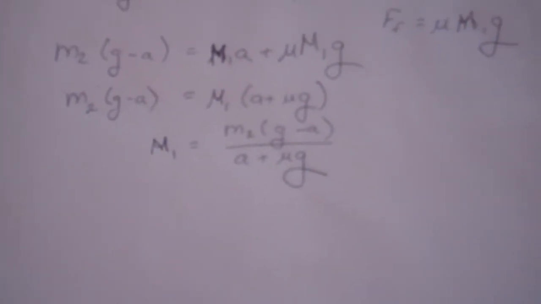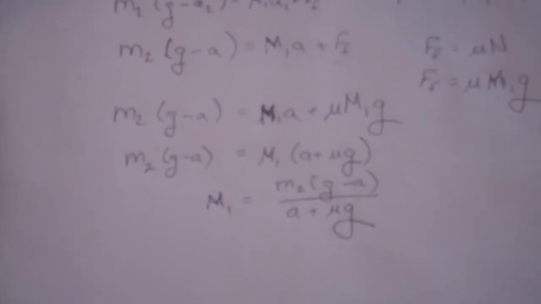Now, let's think about this one for just a minute. Now, in the lab, we are going to be assuming that the frictional force is 0. Is that true? No, it's not true. But we're going to see how true it is.